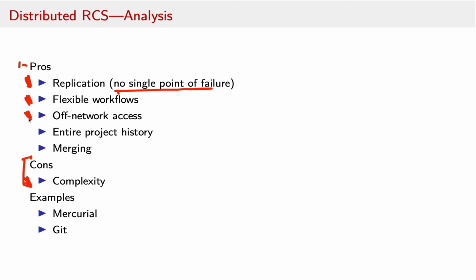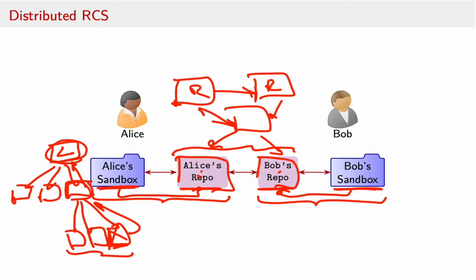Another neat thing is that you get access to your repository whether you're on the network or not. In the scenario I mentioned before, where Alice goes to another location and can't access files on the airplane unless there's a network connection back to the centralized repo, that's no longer the case here, because the distributed repository is traveling with Alice.